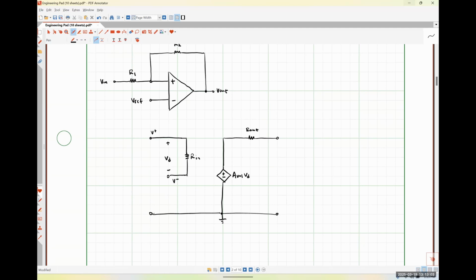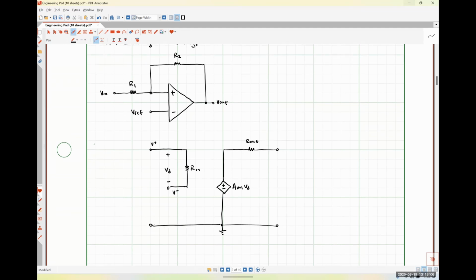So if I look at my circuit above, I know that I have a reference voltage connected between the inverting input terminal and ground. So I'm going to put a voltage source here representing my reference voltage Vref. Between my non-inverting input terminal and ground, I'm going to have that resistor R1 in series with my input voltage. So here's R1.